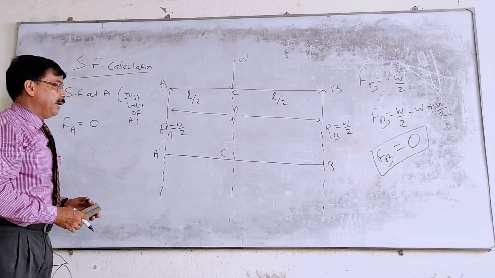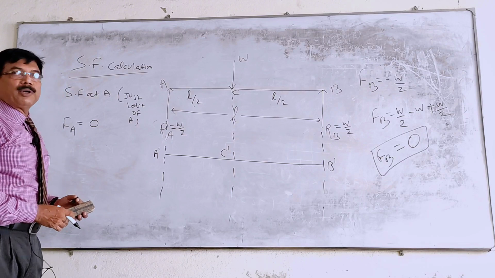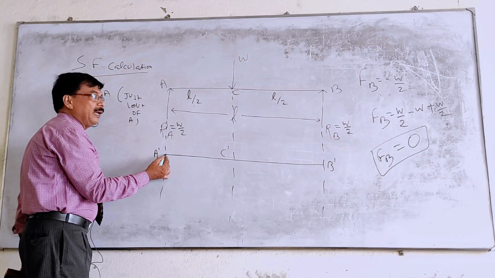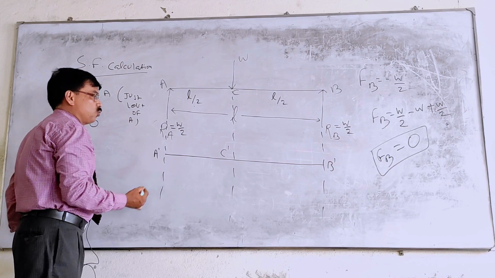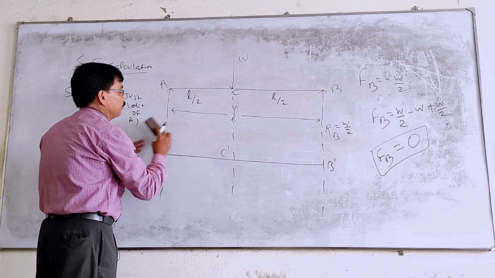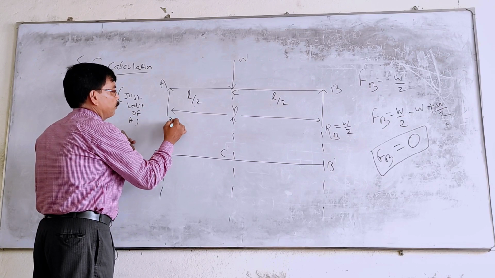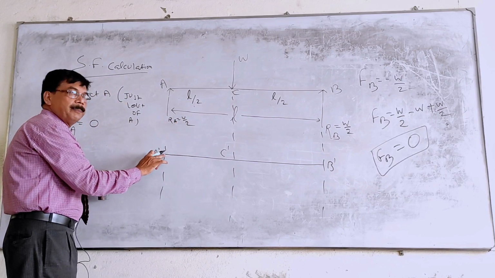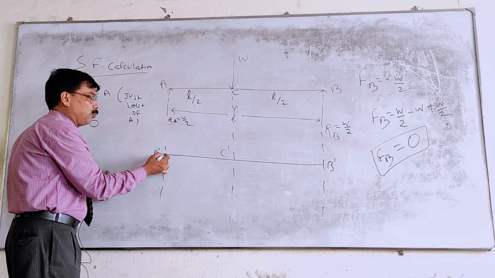Now start. Left of A is 0, which means the baseline. Right of A is W by 2, so mark W by 2 positive.